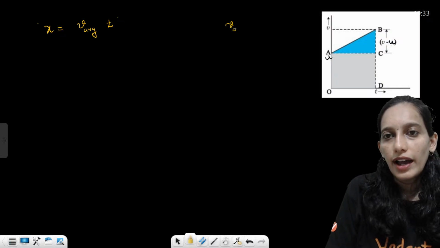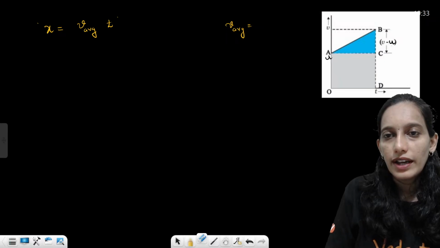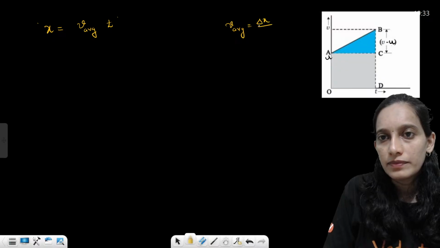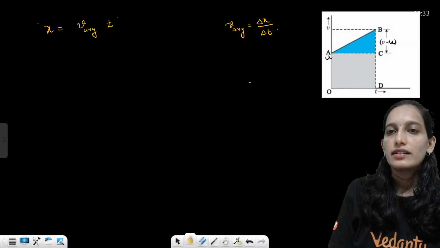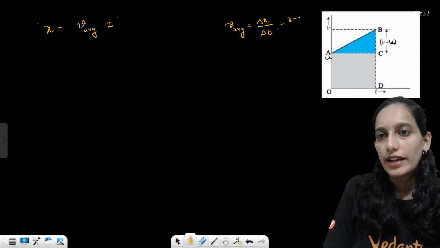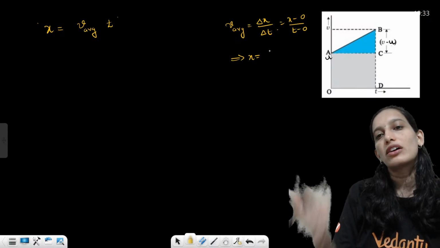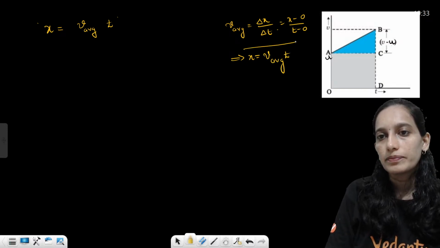Because average velocity is defined as displacement by time, delta X by delta T. Here delta X is X minus 0 by T minus 0. So from here I can say my displacement is V average into time, correct?